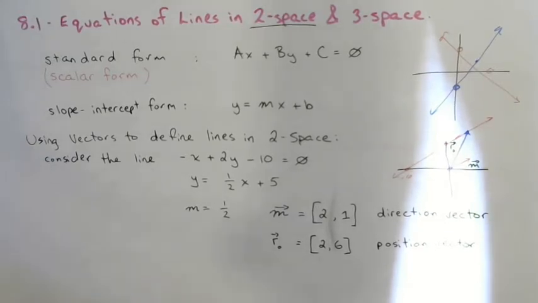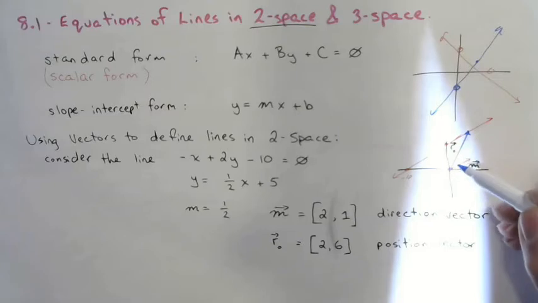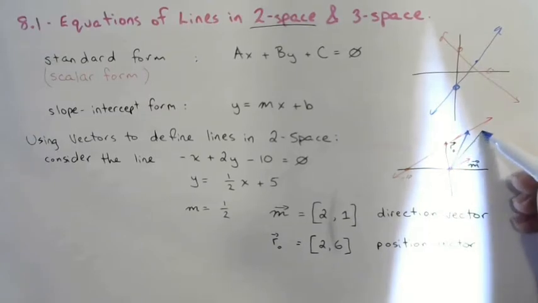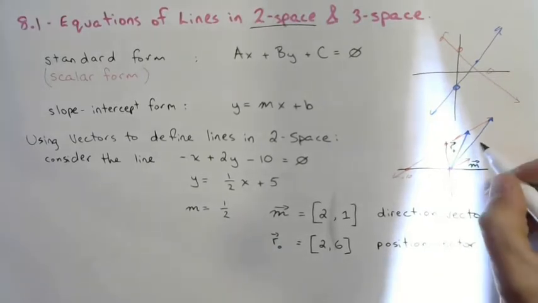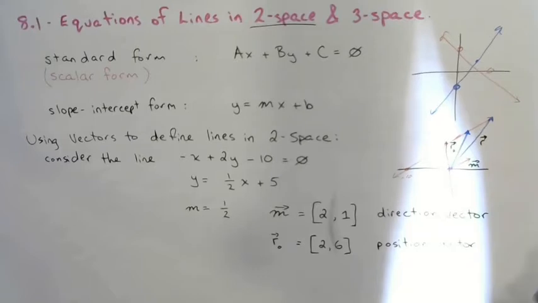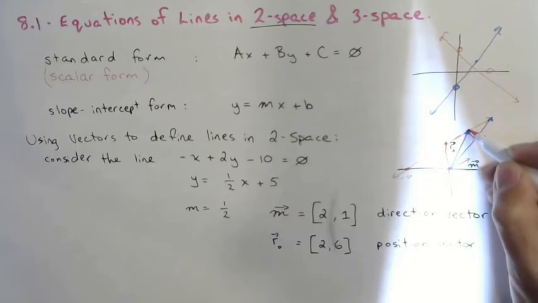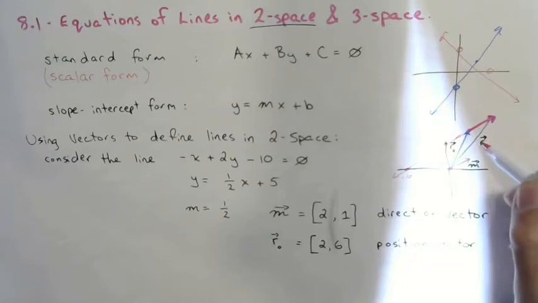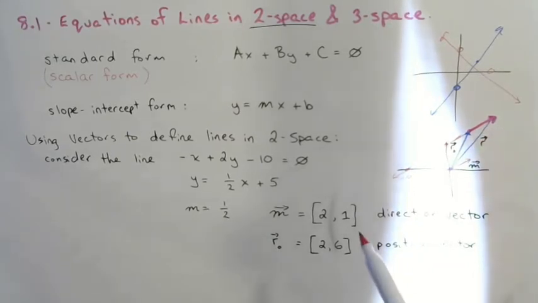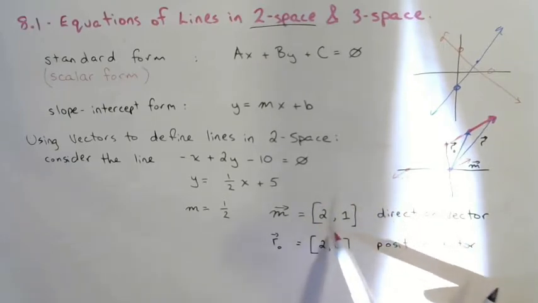So we're going to have a second position vector, maybe something like this, and we're going to call that vector r. And then the vector in question is going to be the vector in between them, from this tip to that tip. And that's going to be our direction, that's going to be our vector in space that represents this line that has this direction.